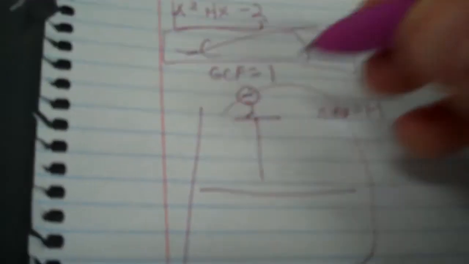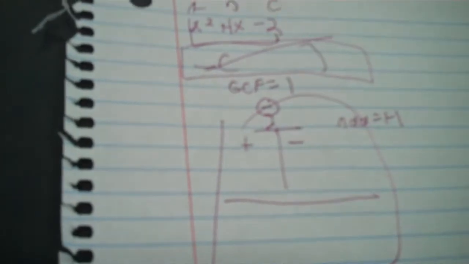That would be the GCF and the T. However, the GCF is just 1, and you wouldn't have an x because the 1 on the end doesn't have an x. So 1 times negative 2 is negative 2. So I want to add to get to positive 1. So having a negative means it's a positive times a negative, 1 and 2. Okay, that's negative 1. To make it positive 1, we just go plus, minus, and we have it.